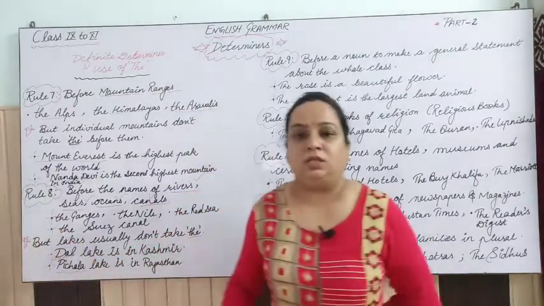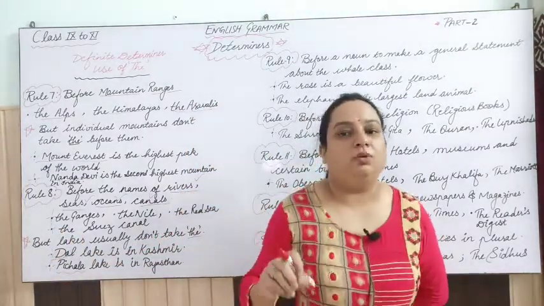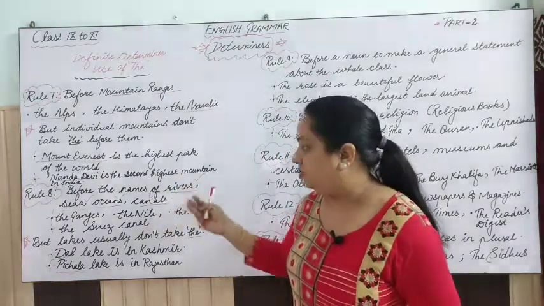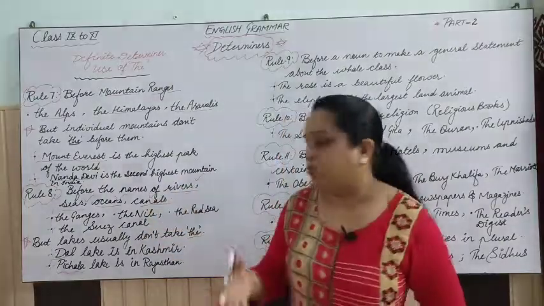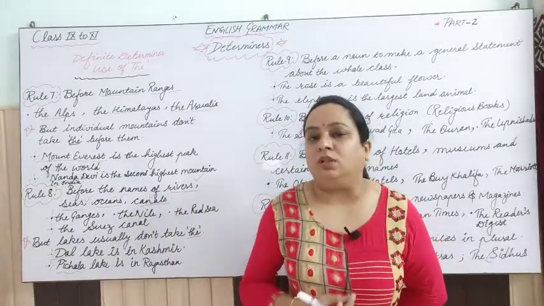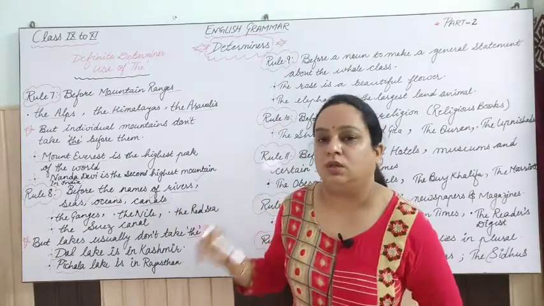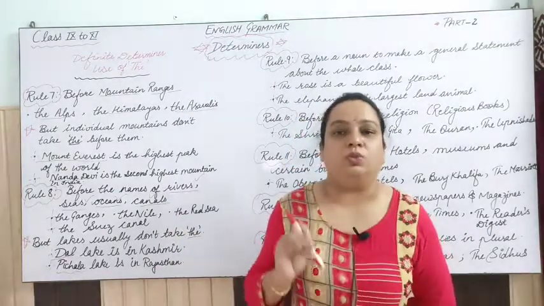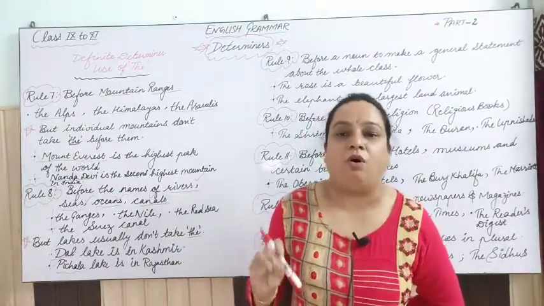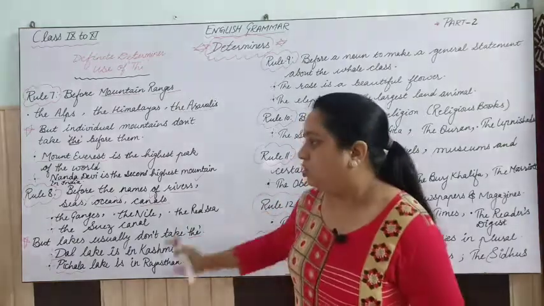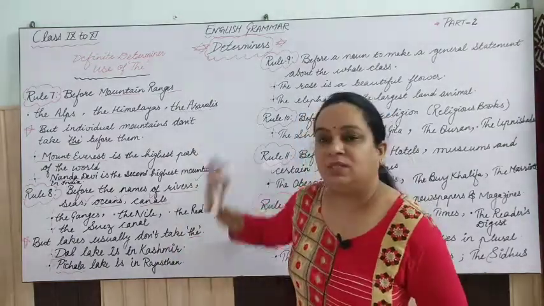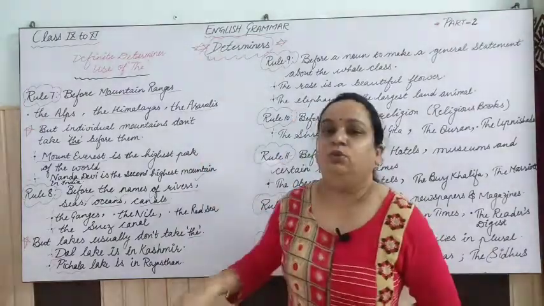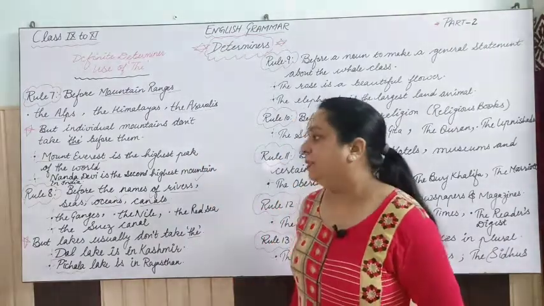So I hope you got it: when we talk about water bodies like seas, oceans, canals, there we have to use the, but when we talk about lakes, we will not use the with their names. So please take a screenshot of rules number 7 and 8 along with the exceptions and note it down. Okay.